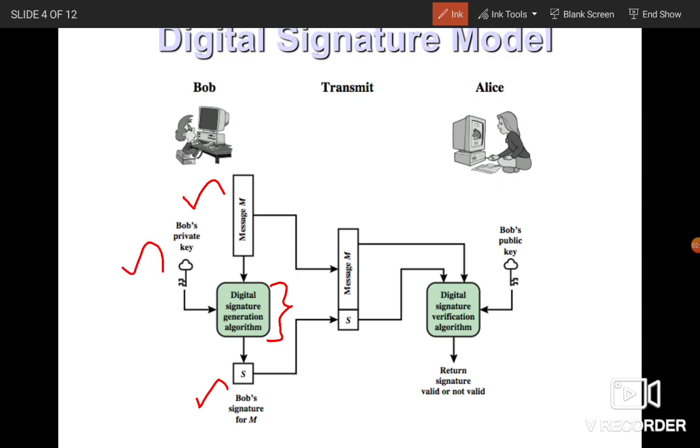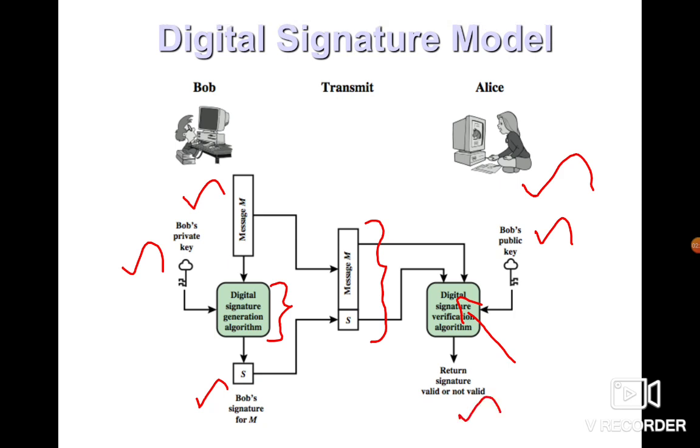Thus he gets the signature, and the signature is added to the original message and transmitted to the receiver. At the receiver end, Alice uses the digital signature verification algorithm, and for that she uses the sender's public key, and she verifies whether the signature is valid or not.